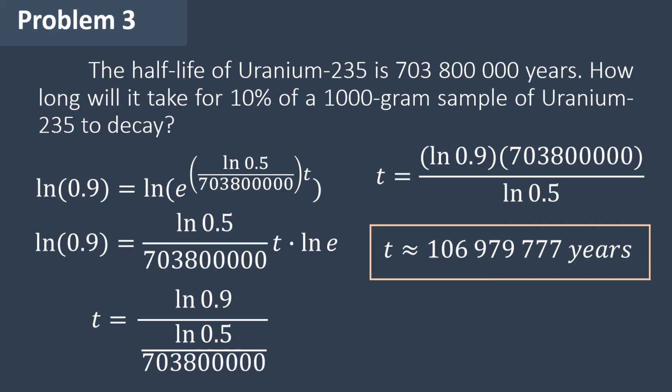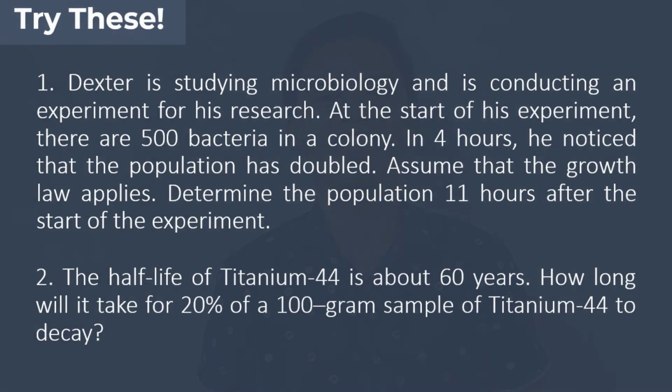So you can use your scientific calculator in computing this expression. So ibig sabihin, yung 1,000 gram na sample ng uranium-235 becomes 900 after 106,979,777 years. Again, this is just approximation kasi yung answer talaga natin ay may decimal point pa. Now it's your turn. Try to answer the following questions.